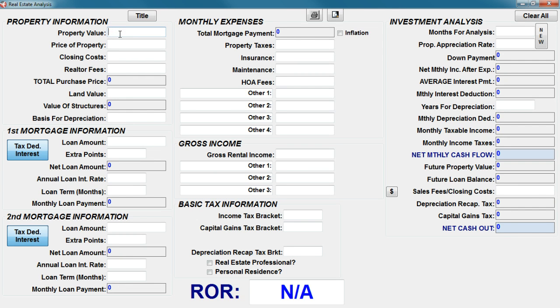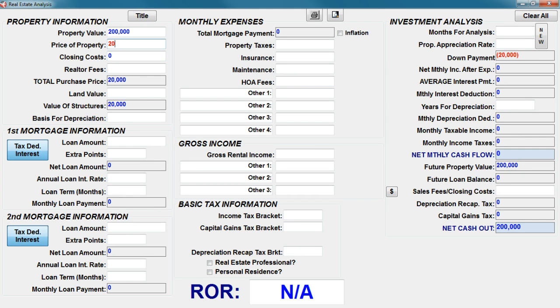Now, I'm going to start with a pretty simple example, keeping the numbers simple. Of course, the numbers will be different for every deal, but let's just say we have a $200,000 property. And let's say that we were able to purchase the property for $200,000. I know that the property value might be higher and you've been able to purchase the property for less, but let's just say that they are identical.